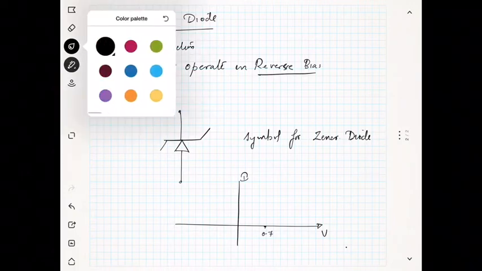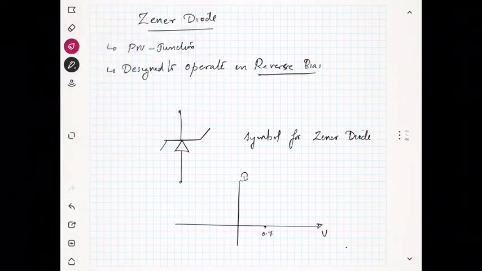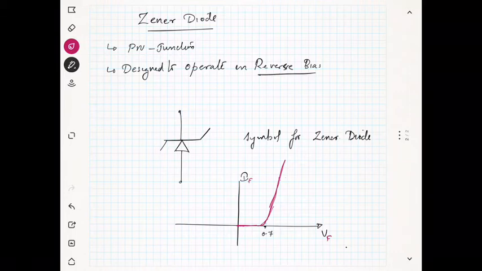If the input voltage is less than 0.7, there is no current, and after 0.7 the diode will start conducting. This is the forward voltage and this is the forward current. So you will get a characteristic like this, with 0.7 volt.